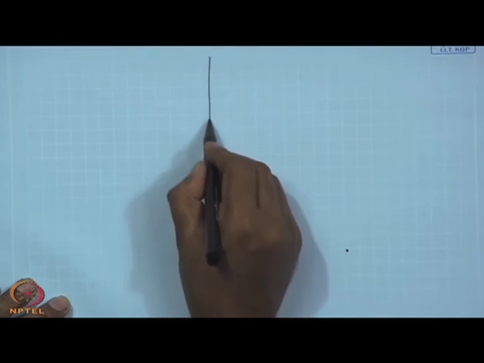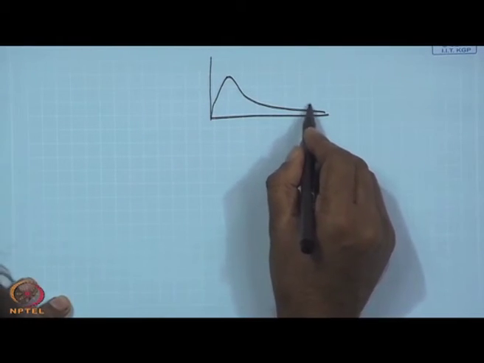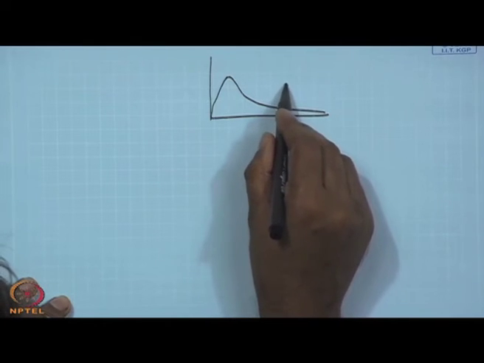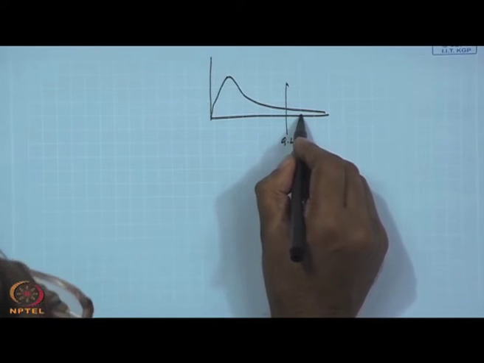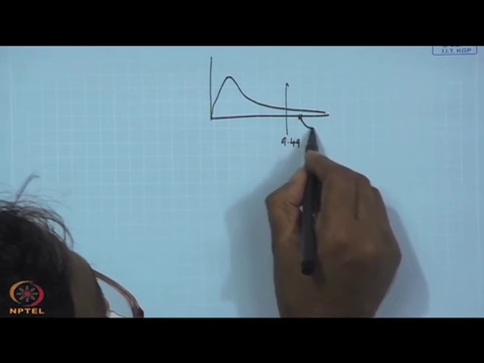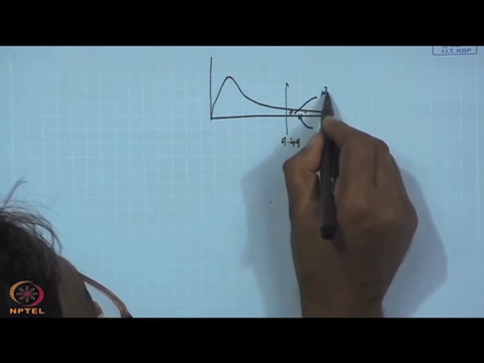So, the statistic value is more than the tabulated value. Your case is coming like this. This is my tabulated value, 9.49, and my computed value is here, 11.25. This is the zone of rejection.